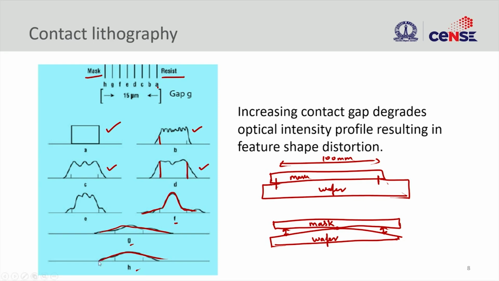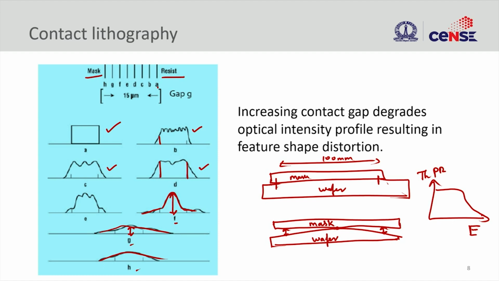So there are two implications to this, not only the profile, it is also about the intensity of light I have. In the last class we saw this resist contrast, the energy versus thickness of photoresist, something like this.